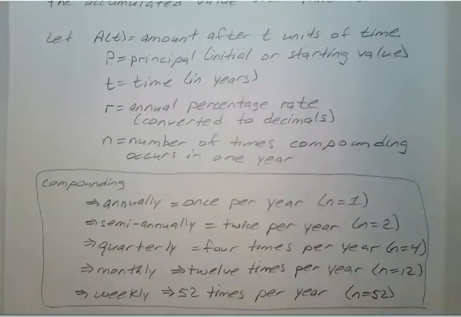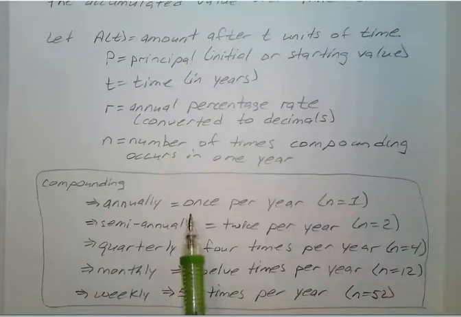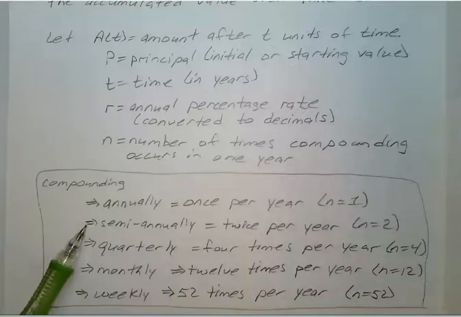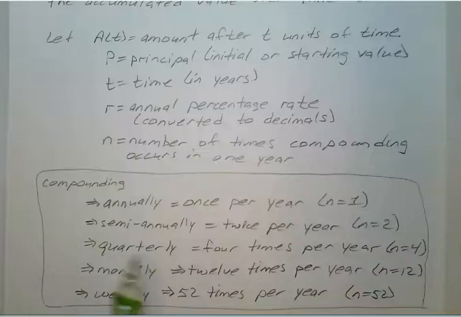Okay, so if your problem says it's compounded annually, then your N is going to equal 1, because annually is just once a year. But if it says it's compounded semi-annually, then that's twice per year, so your N would equal 2. If it says quarterly, then that's 4 times per year, and your N will equal 4.